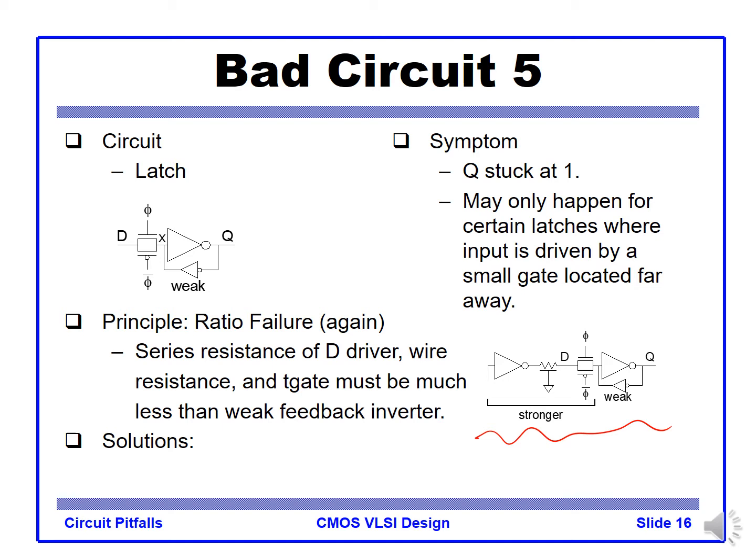There we have a very long series resistance after this driving inverter. The wire resistance is too high, so compared to the weak inverter, this pull down must be greater than the weak inverter strength.